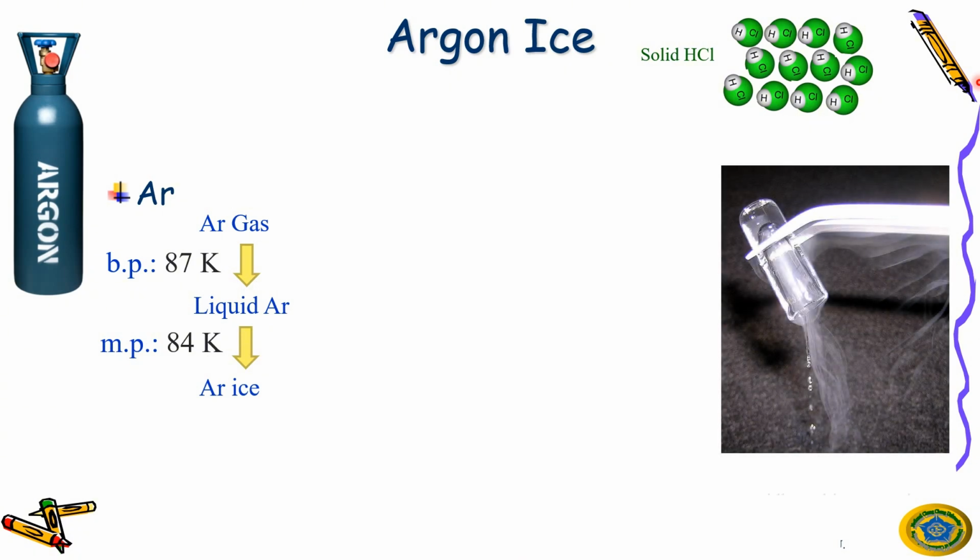If you take argon ice out from 84 Kelvin to room temperature, it will melt, and very soon become a vapor or liquid. You have liquid phase argon and gas phase argon. And this is what we call argon ice.